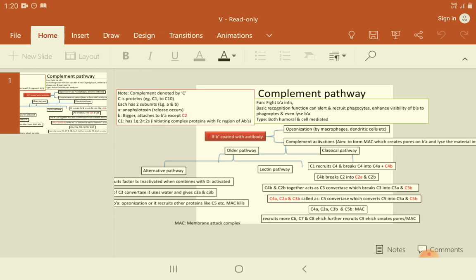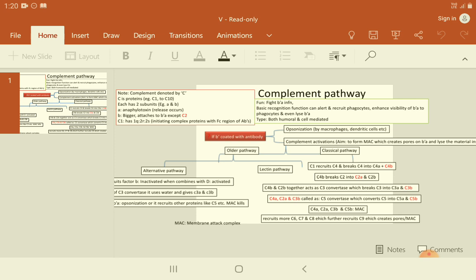C1 has one Q domain, two R domain, two S domain, which is the initiating complex of proteins with an Fc region which binds to antibodies. So these terminologies will help you understand the complement pathway.